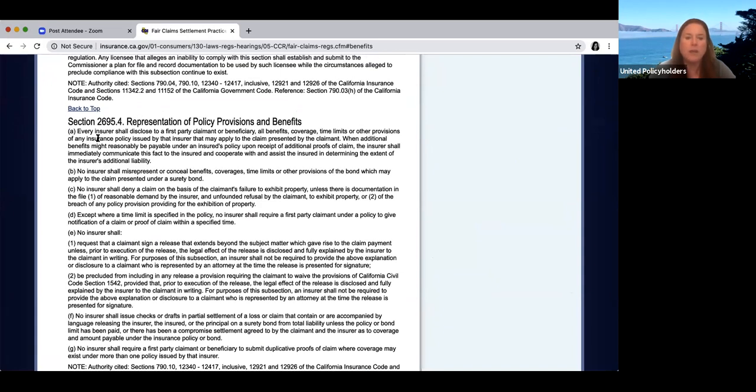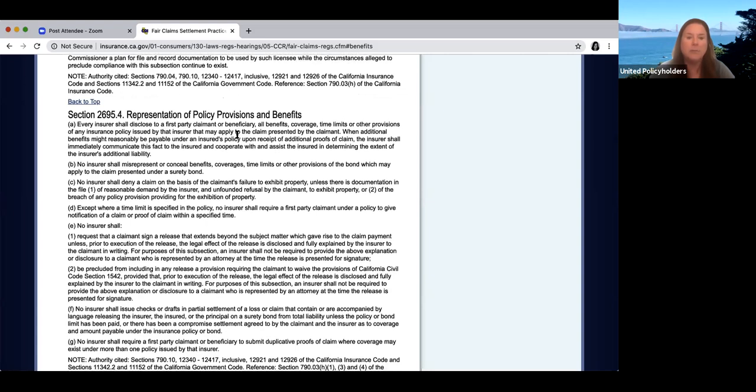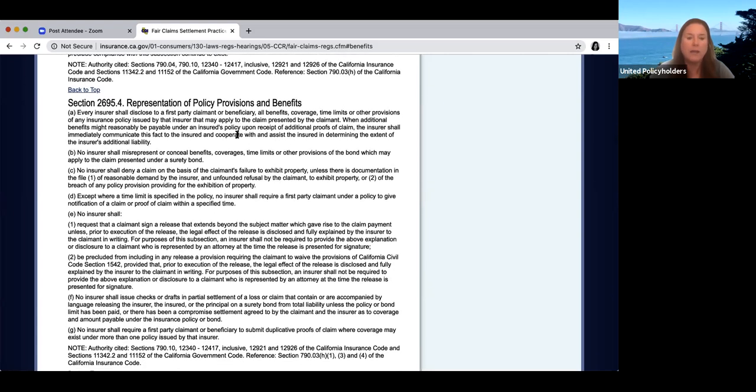This is really important. Every insurer shall disclose to a first-party claimant or beneficiary all benefits, coverage, time limits, provisions. If they spring the land on you, or if they haven't advised you of your extended replacement coverage, which I'm very shocked, I've talked to a lot of people lately who didn't even know it existed, you can go back and show them this and say, look, you had the duty to show me right away what my policy benefits were.